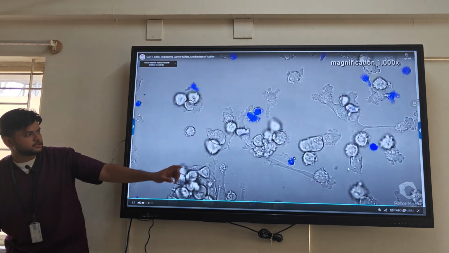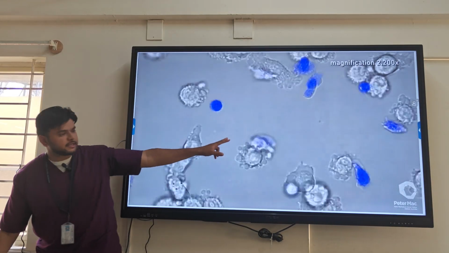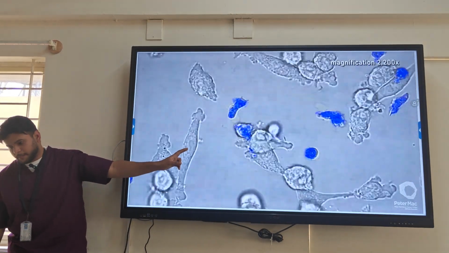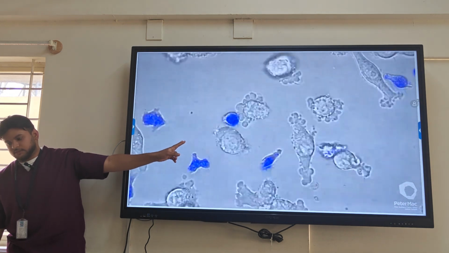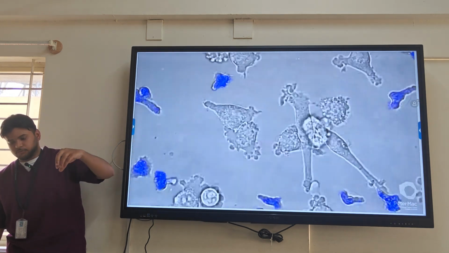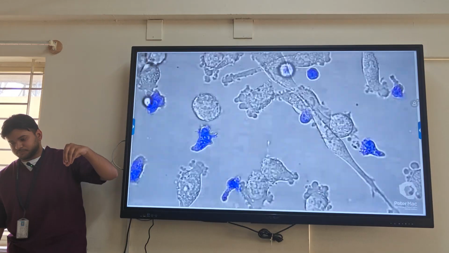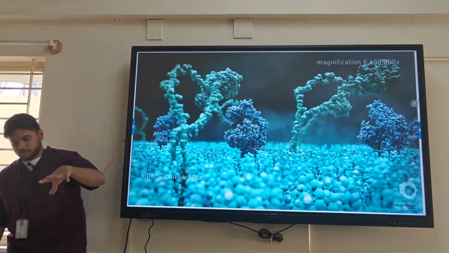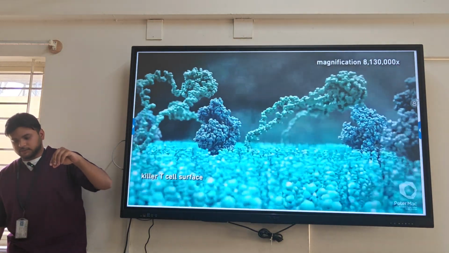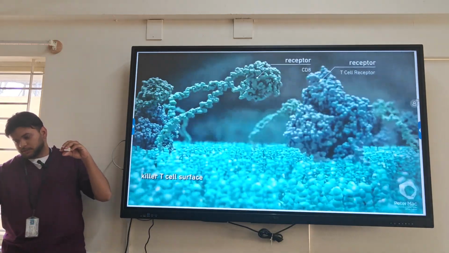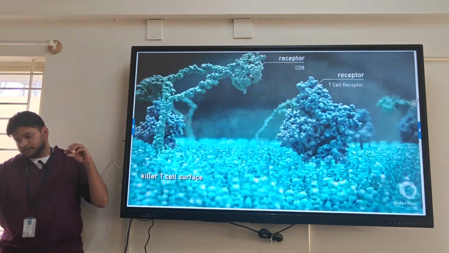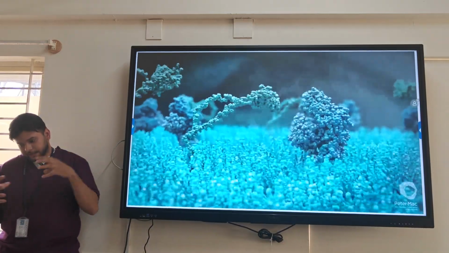The blue you are seeing is a tumor. The cells, CAR T cells, are fighting against the tumor cells, cancer cells. This is from a microscopic view. Now these are the cells, as I showed you the structure. As you see, the receptor CD8 and T cell receptor. Now it will get attached.